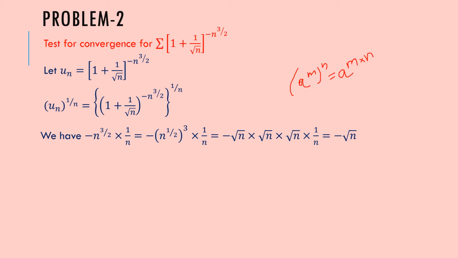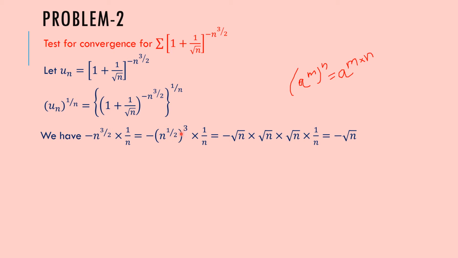So n power half power 3 can be written n power 3 by 2. So I have applied this property in reverse. Into 1 by n as it is equal to minus, we know that n power half is root n. So root n power 3. Root n power 3 can be written root n into root n into root n.